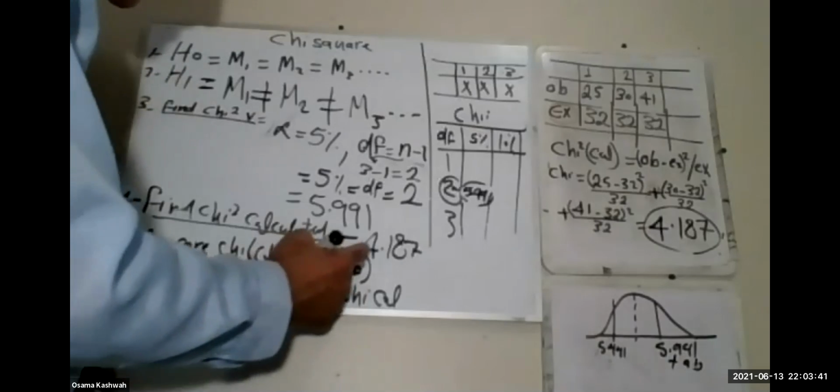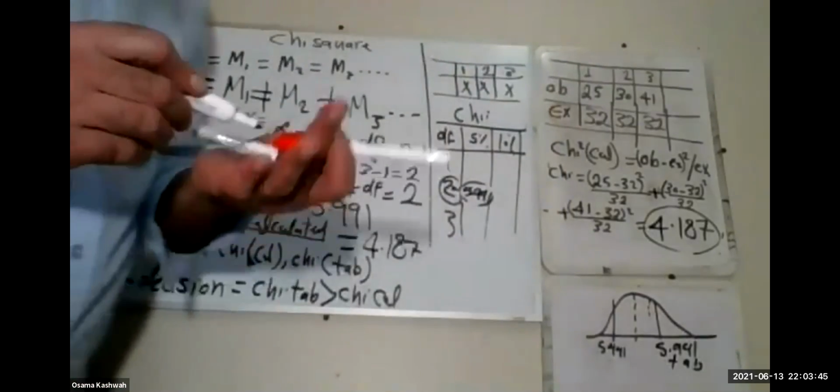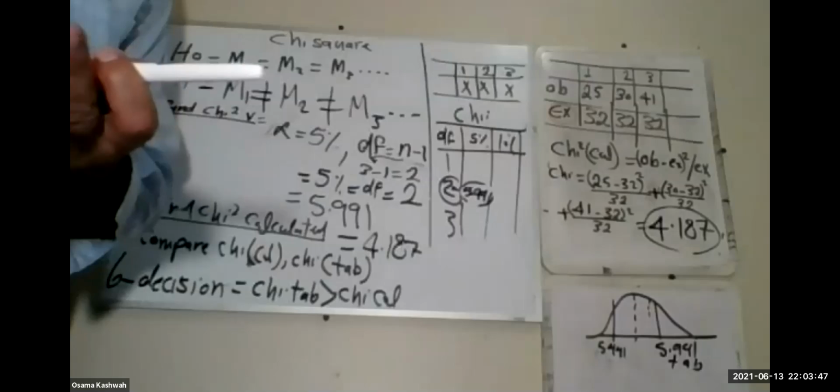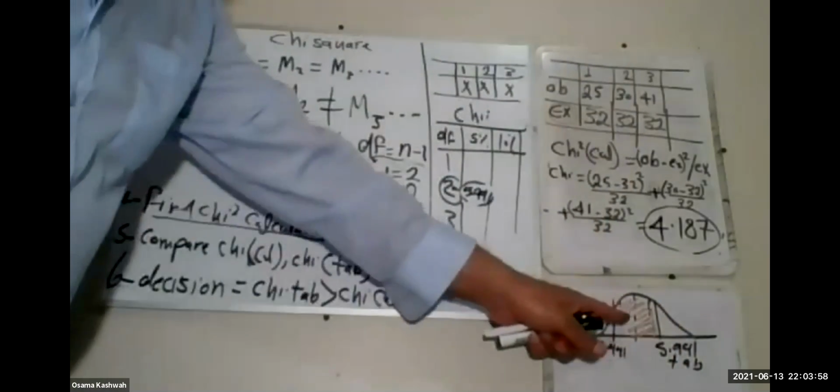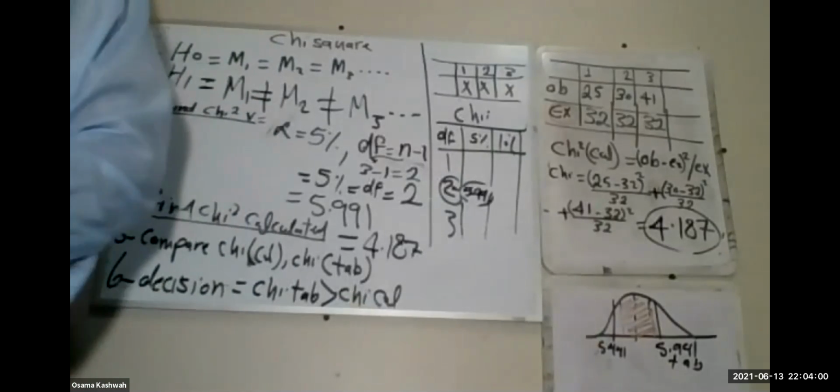The calculated, at 4.187, is inside the acceptance area. So the calculated is here with this orange color, it goes inside this area like this.